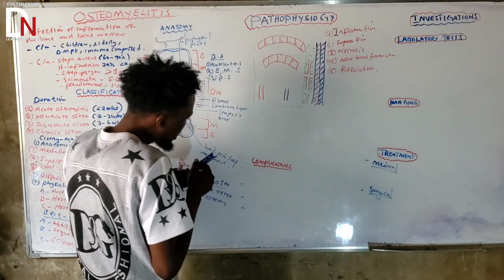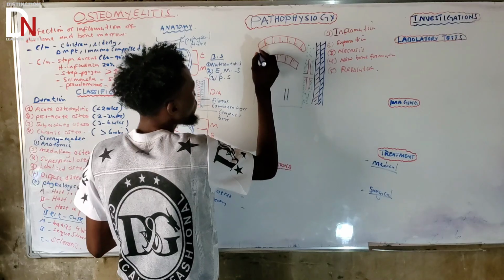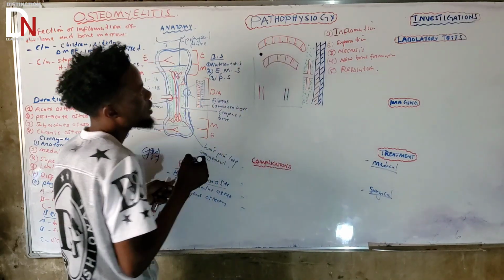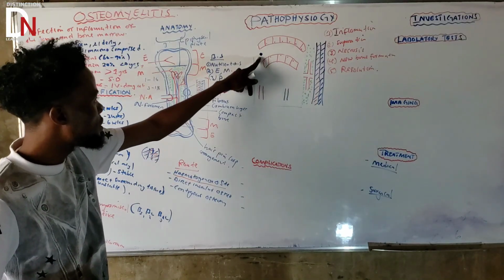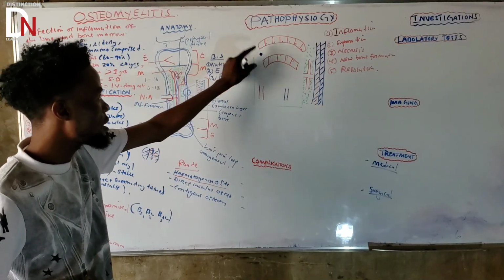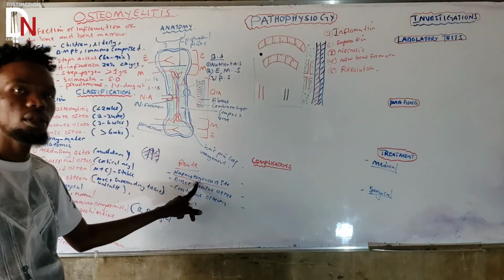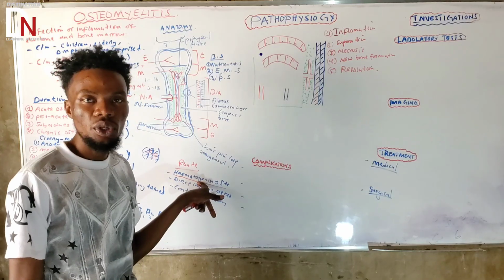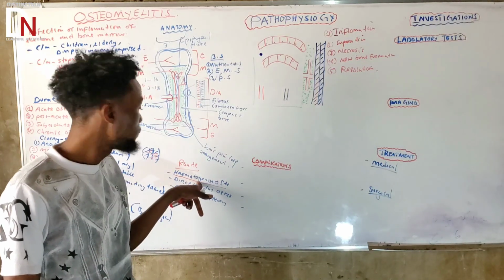Now, if the bacteria, let's say Staphylococcus aureus, which is the most common cause, is there, it can come from different locations. Since this is blood, it is a hematogenous type of osteomyelitis, because it will be easy to understand through this route.